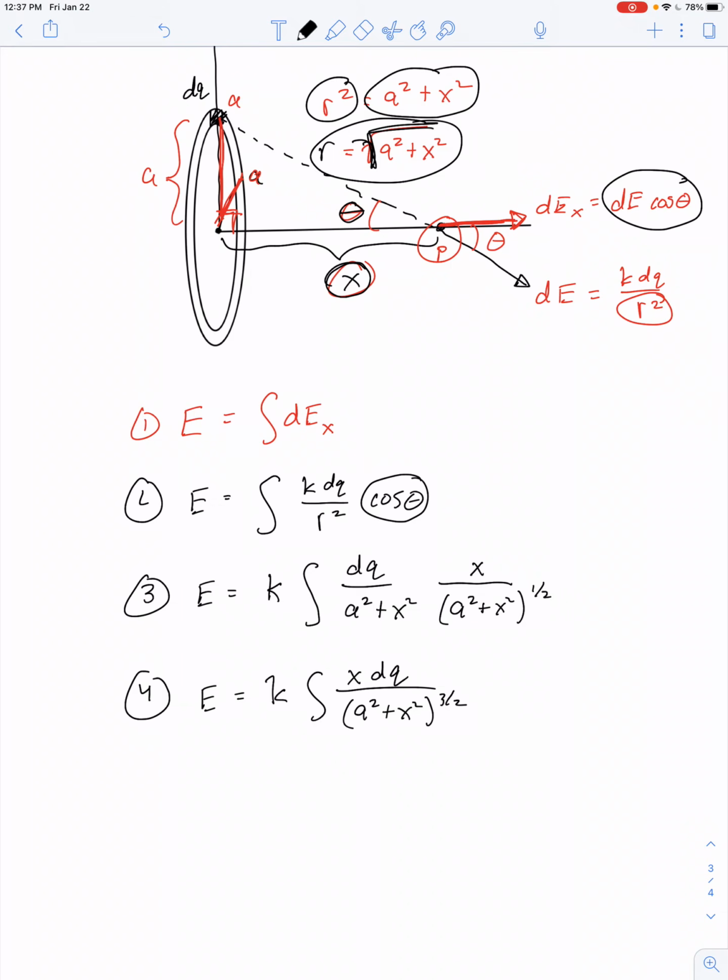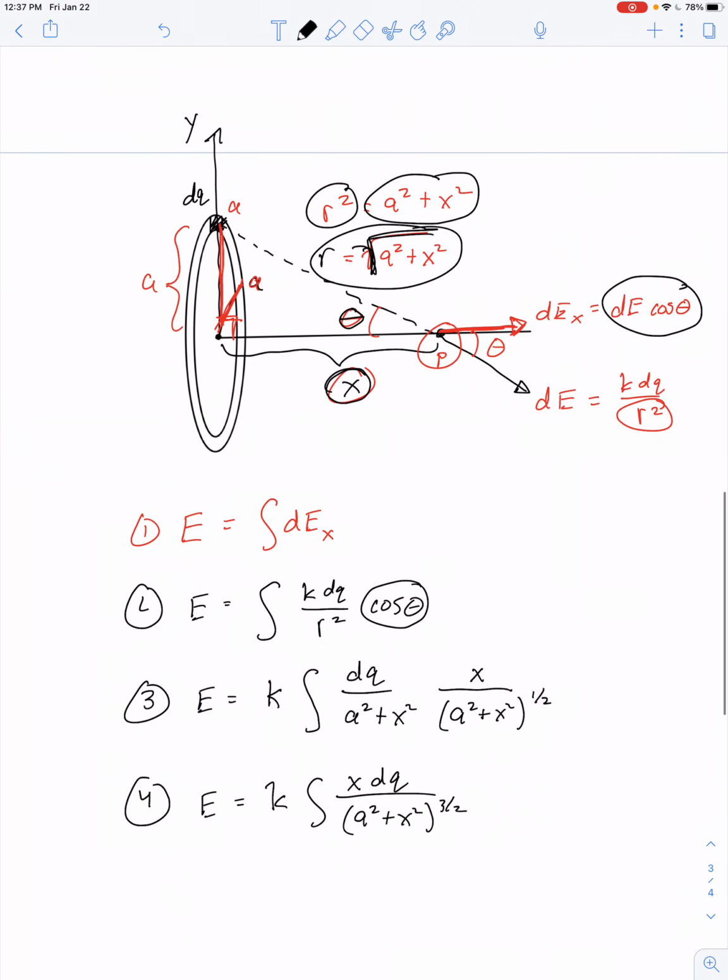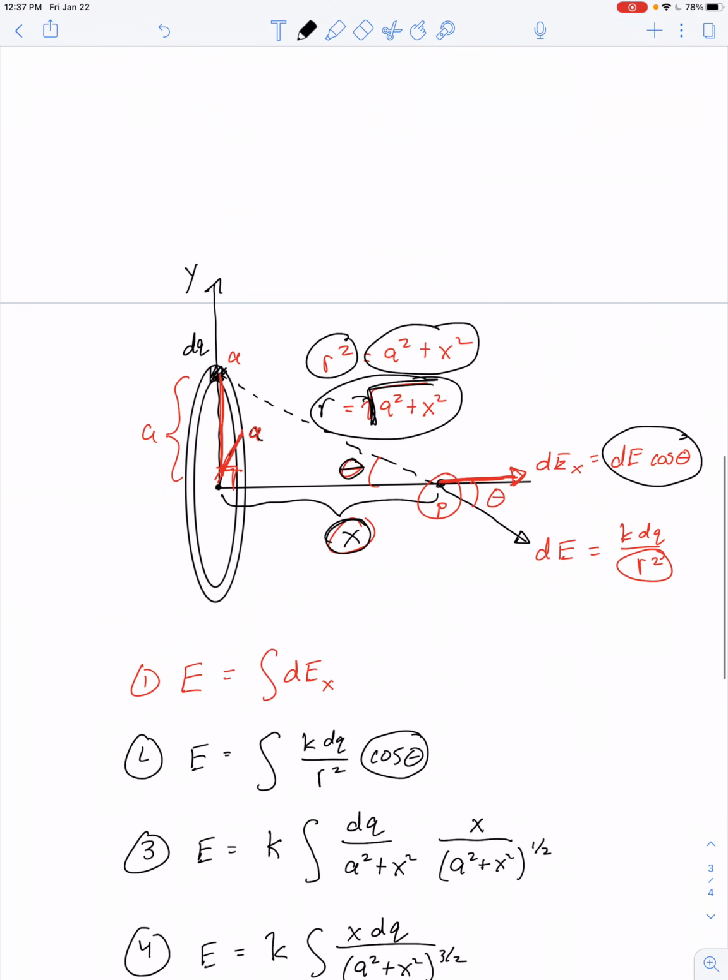Now wait, what's a variable and what's a constant in this case? Let's say we picked a different element of the overall charge. What if we picked this little bit dq here? Well, doesn't the distance from that dq to point P have the same x value as this one? Won't any one of these dq's have the same value of a and of x, right?